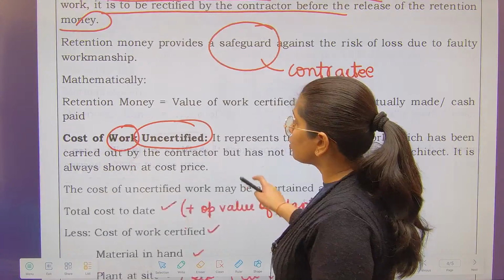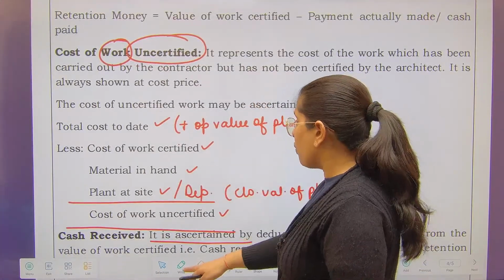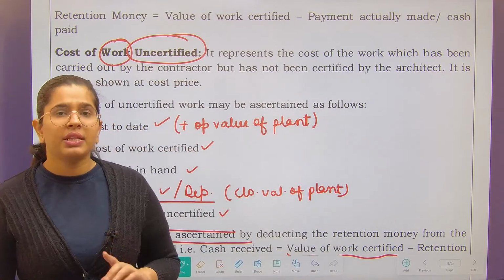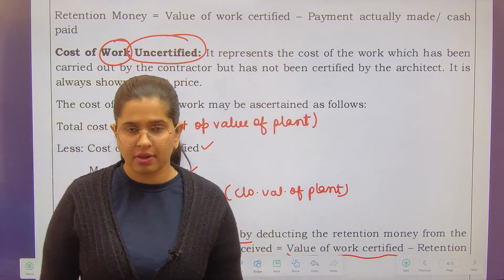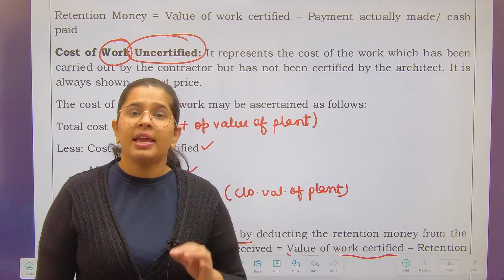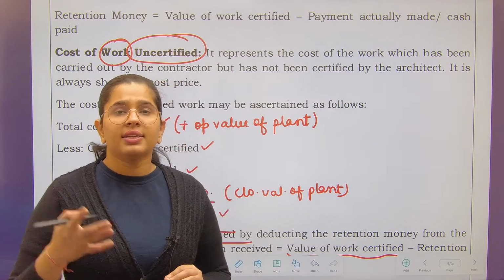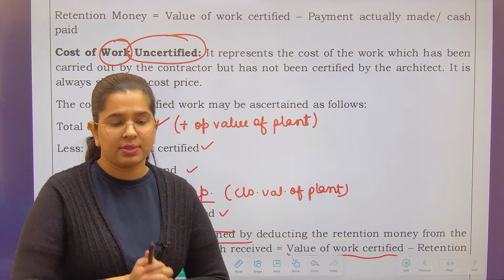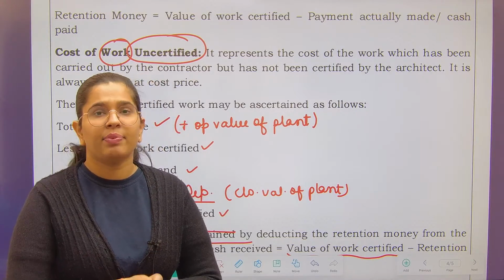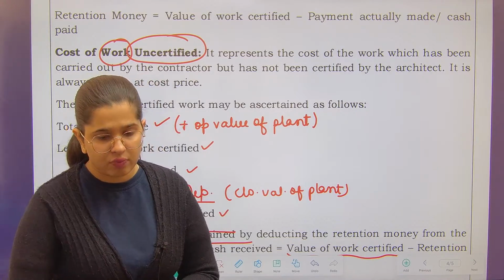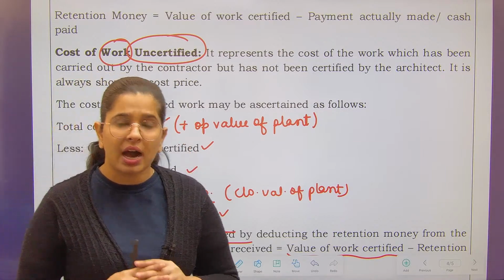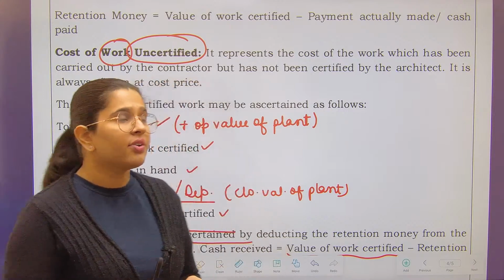Lastly, your cost of work uncertified. Work uncertified is that portion of work which has not yet been assessed by the surveyor or the architect. It is important that the architect of the contractee comes and sees whether the work has been performed, whether it has been correctly performed, and what percentage of work has been performed. On the basis of the certificate given by the architect, we progress further.